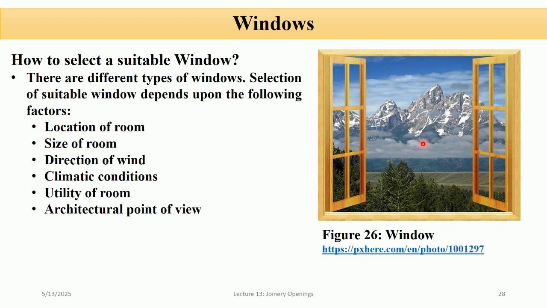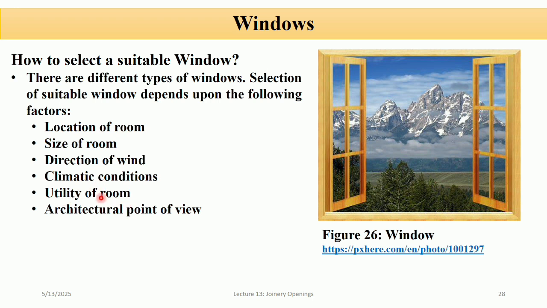Cross ventilation is ideal in hot and humid climate condition. So in hot climate, a window should minimize heat entry and cool area. Larger window on the sunny side help warm the interior with sunlight.